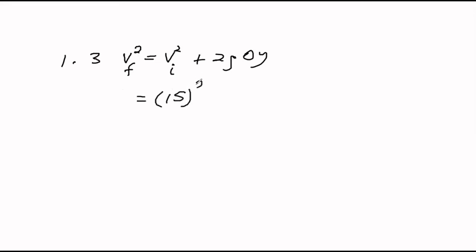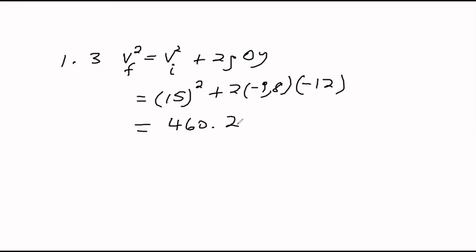We take up as positive and we take down as negative. So the displacement is covered while the object is falling, so it is negative. So here 15 squared plus 2 times negative 9,8 times negative 12 gives us 460,2.